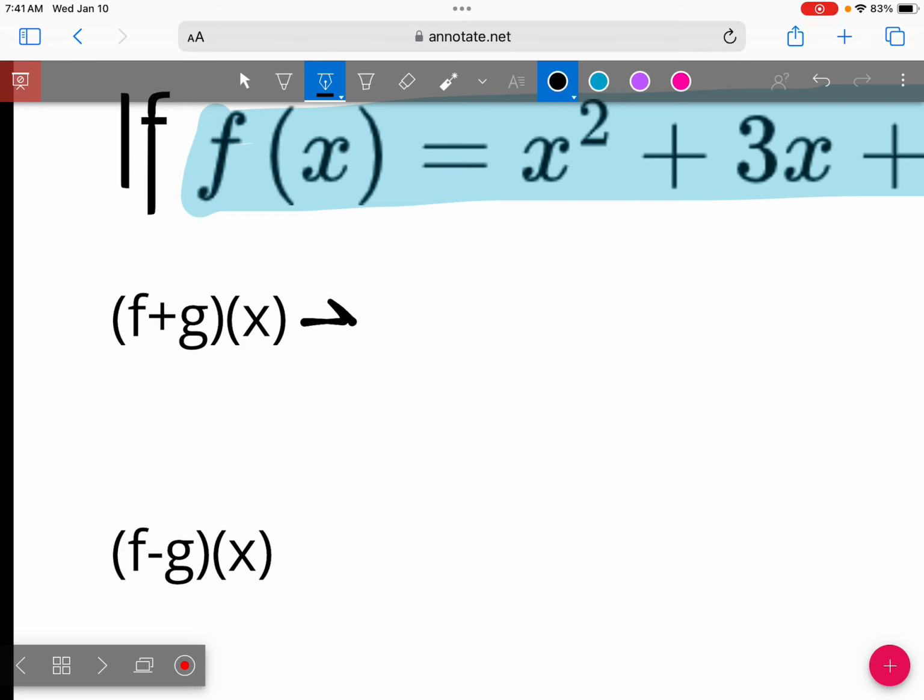So we're going to do f plus g of x first. That means I want f of x plus g of x.